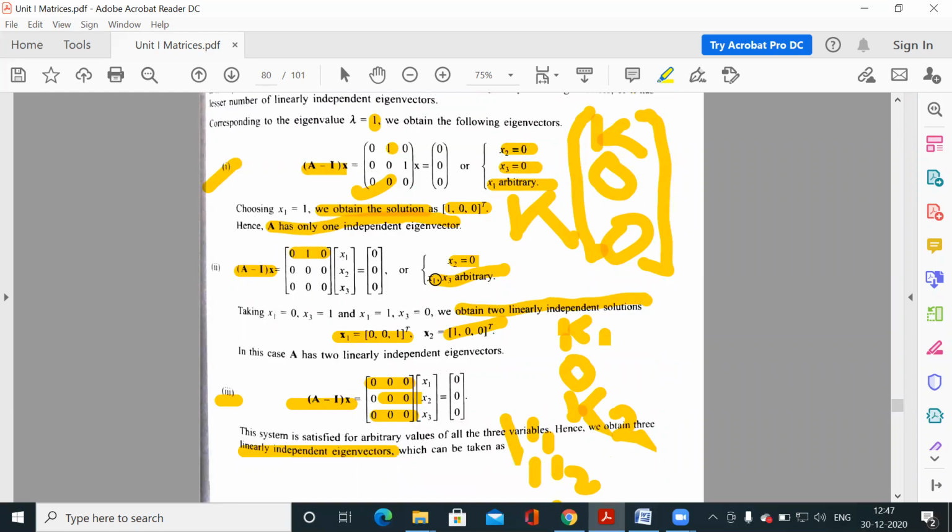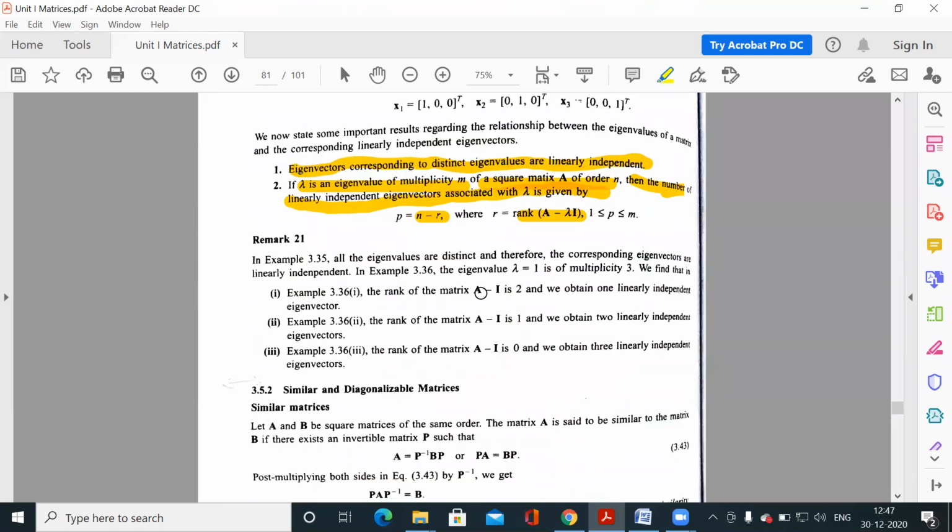तो जैसे हम इसको वेरीफाई करें फॉर दीज 3 मैट्रिसेस, फर्स्ट वाले में A माइनस लैम्डा I की रैंक क्या है, 2, सो 3 minus 2, क्योंकि 3 ऑर्डर है A का। So the rank of the matrix A minus lambda I is 2 and we obtain one independent vector. Why? Because 3 minus 2 is 1, so one independent vector.